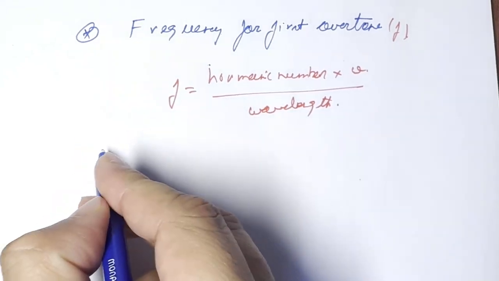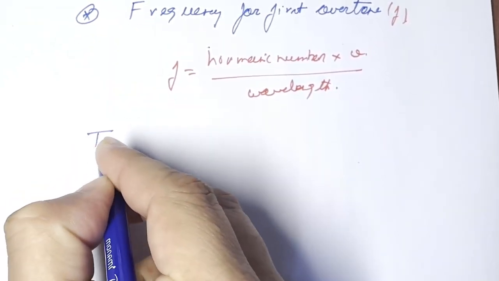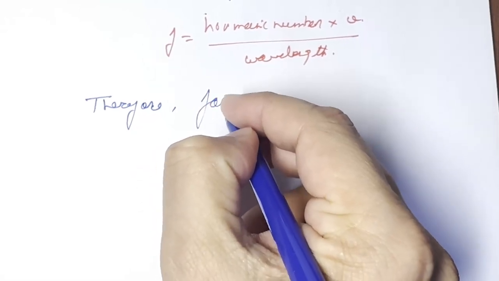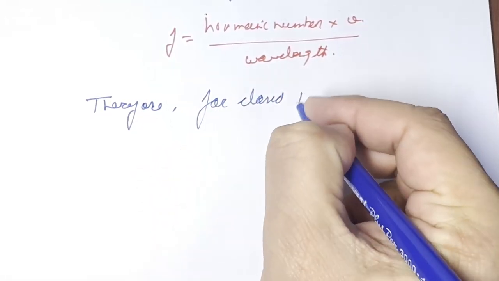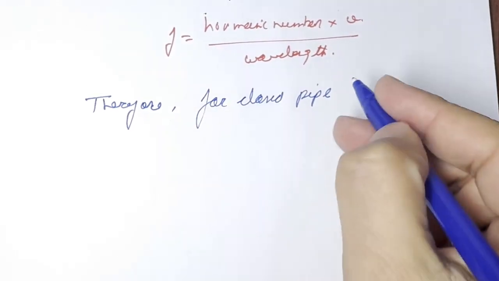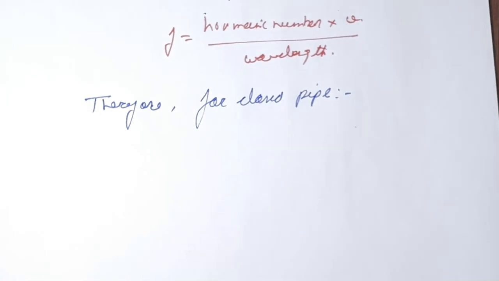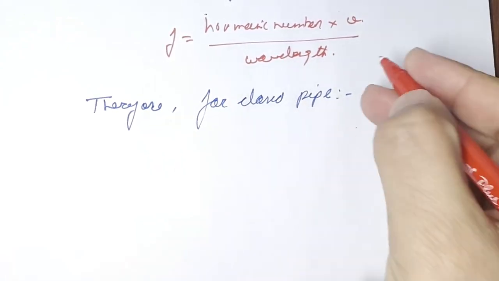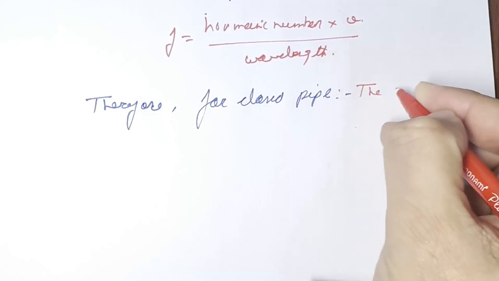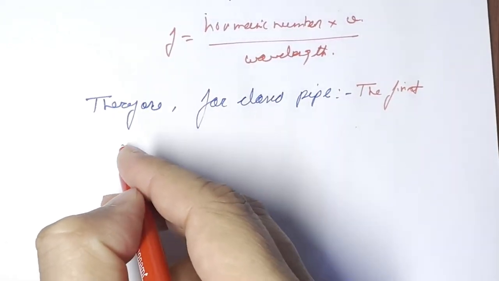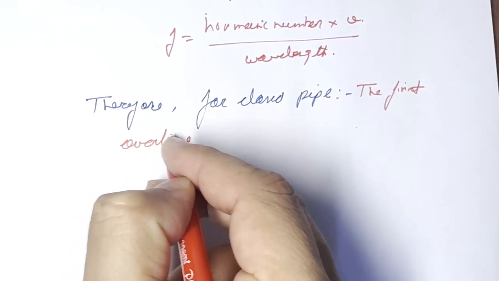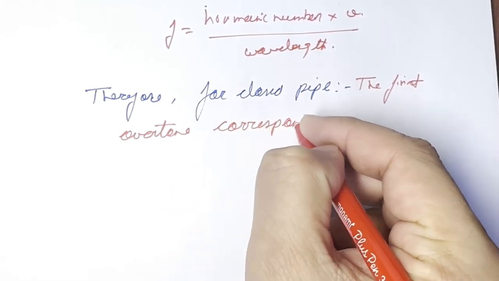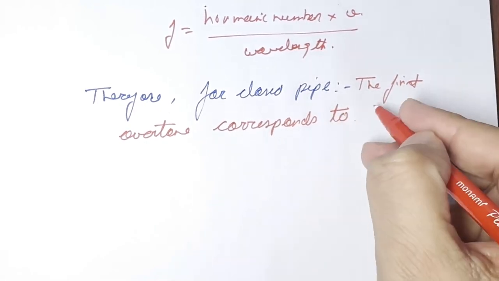Therefore, for closed pipe, the first overtone corresponds to third harmonic.